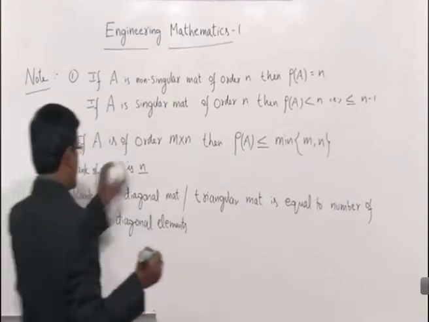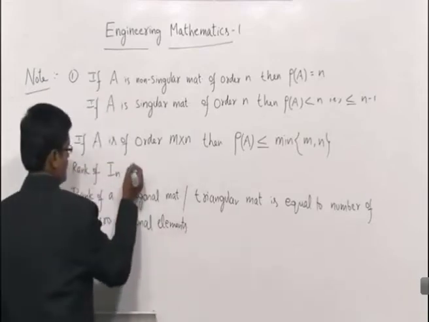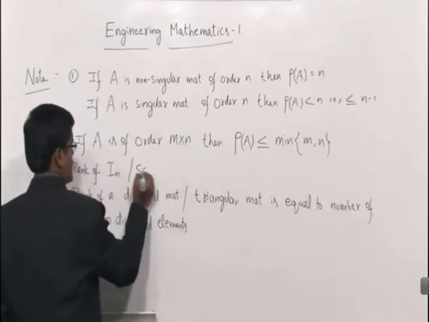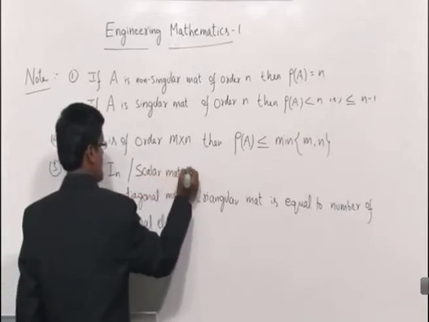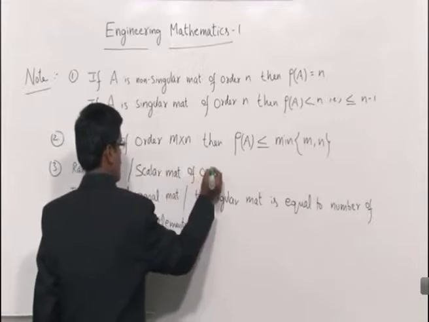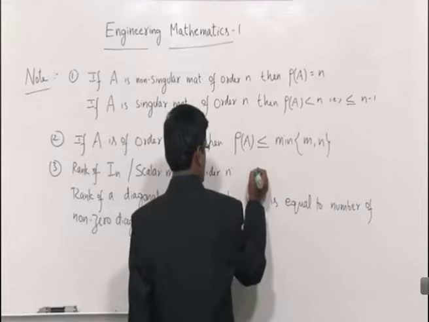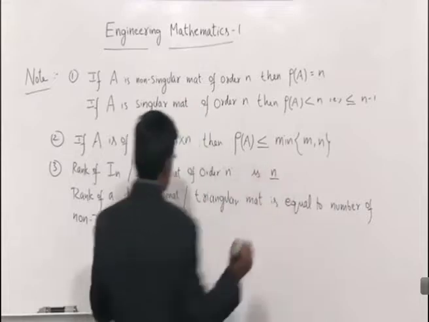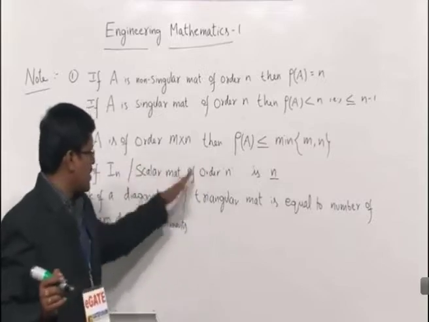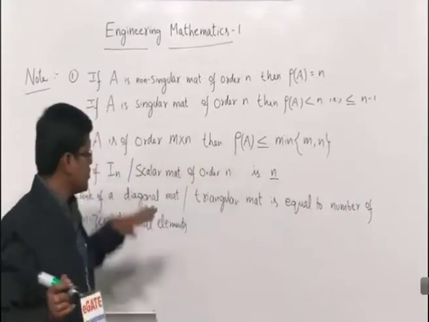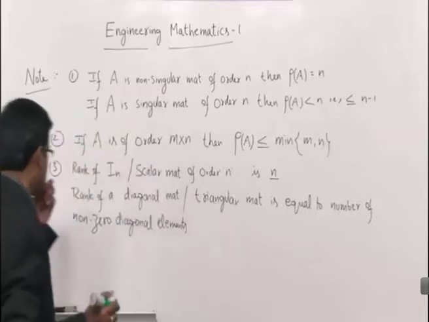Here I can also write In along with the scalar matrix. In or scalar matrix of order n has rank n. Scalar matrix means all diagonal elements equal to a scalar, I have explained, because the scalar matrix determinant is not equal to 0. Don't compare the 0 matrix with a scalar matrix. The 0 matrix I have given already, its rank is equal to 0.